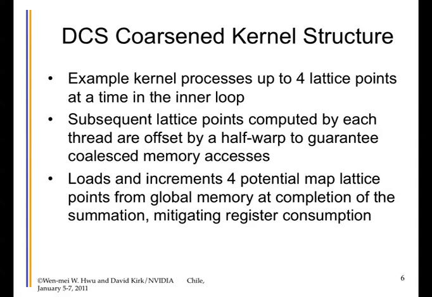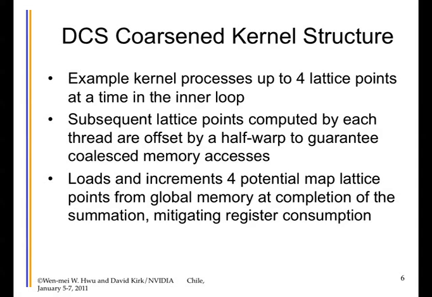And this also adds some pain in terms of data structure padding. And I'm going to have a few slides that detail this. The loads and the increments for the 4 potential lattice points from global memory will be done at the completion of the summation rather than the beginning.